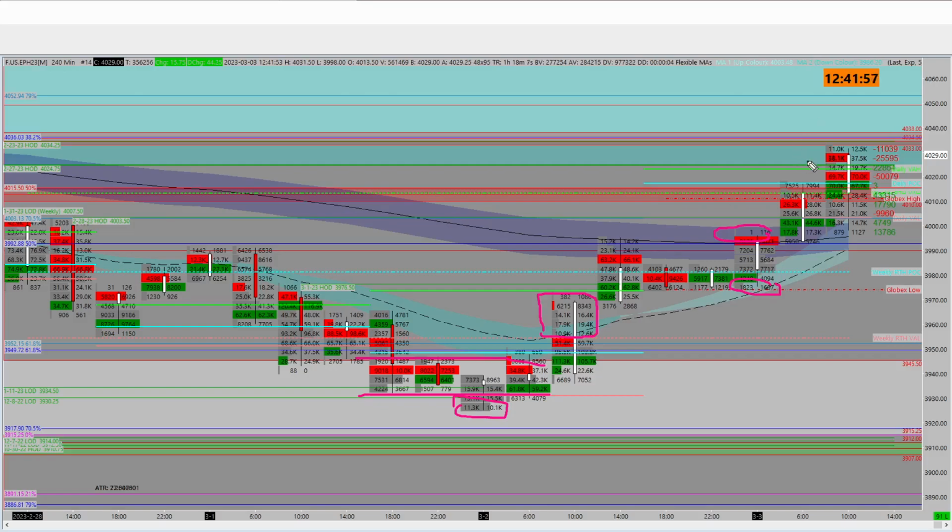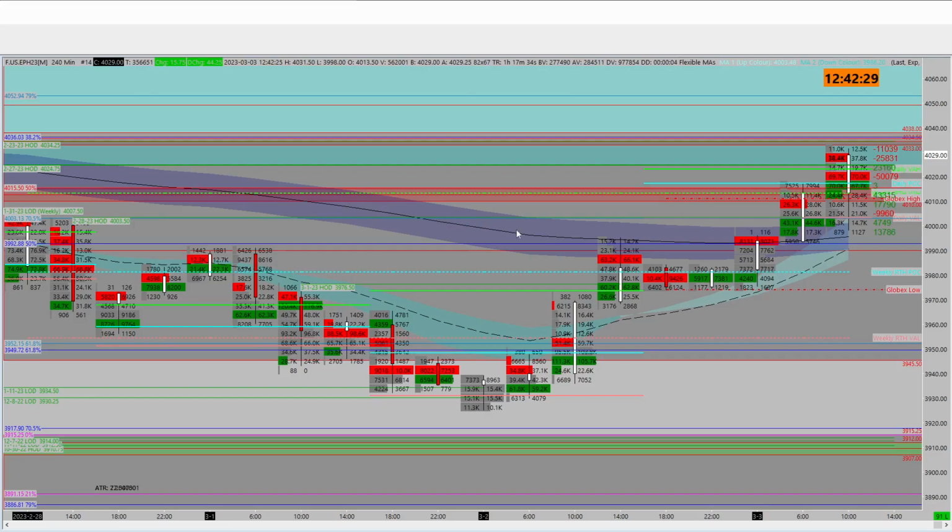For all my levels, I need confluence between what I see on the 4-hour footprint, what I see on the daily footprint, and what I see on the TPO charts. The more confluence we have with our levels, the less risk our levels will entail, because it's going to be a stronger level if there's more confluence behind it. So there's a lot of things that I look for, and they all mean different things and add differently into my understanding of the market.